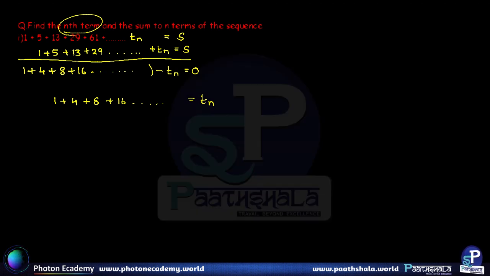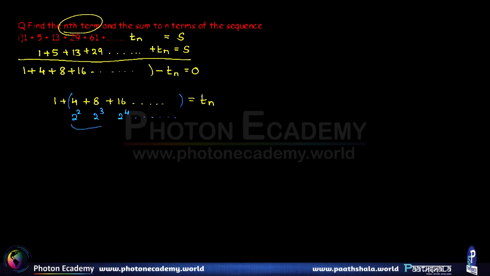So if you look at this sequence, then it is 2 square, 2 cube, 2 raised to 4 and so on, and in total there will be n minus 1 terms, because we are not including 1 in this, otherwise there would have been n terms, but right now there are n minus 1 terms.